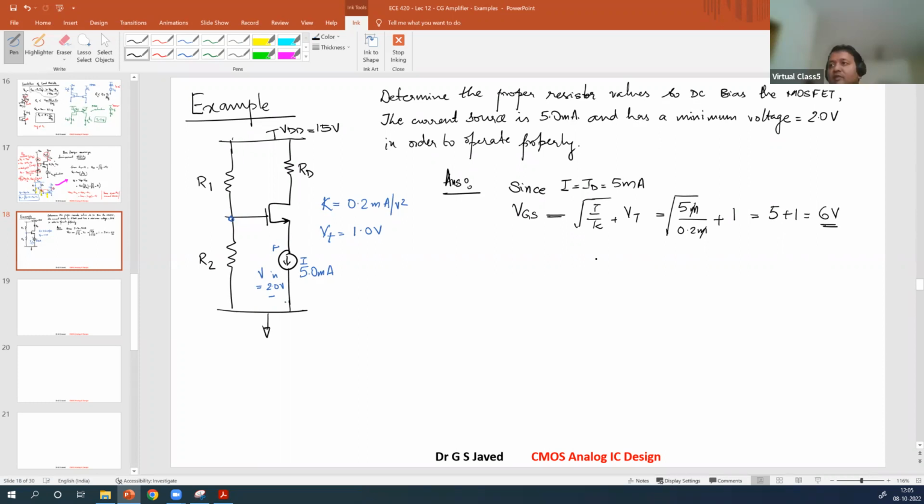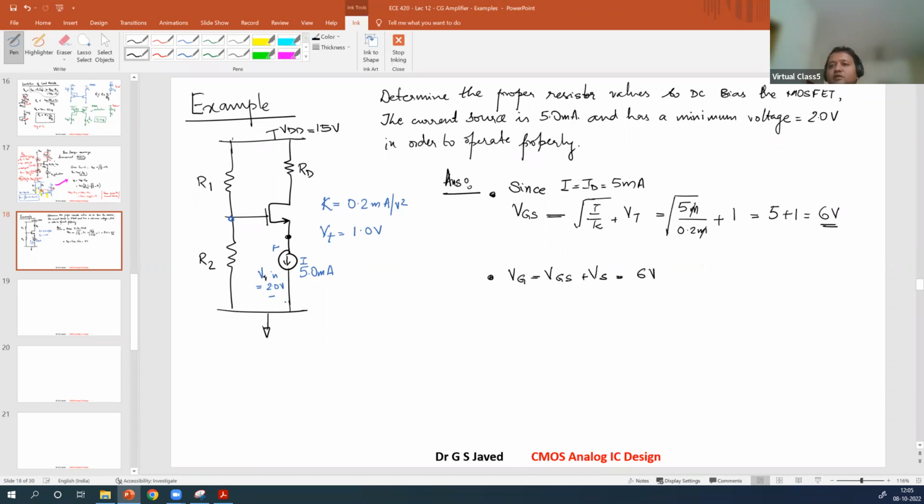Okay. Next. You need to find out what is the DC value. So you know the VGS value, you know the VS value. So what is VG? VG is equal to VGS plus VS. VGS value is 6 volt.